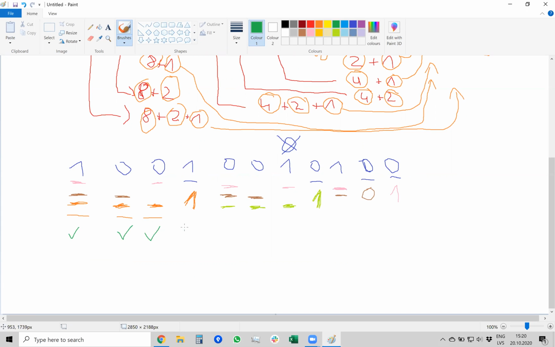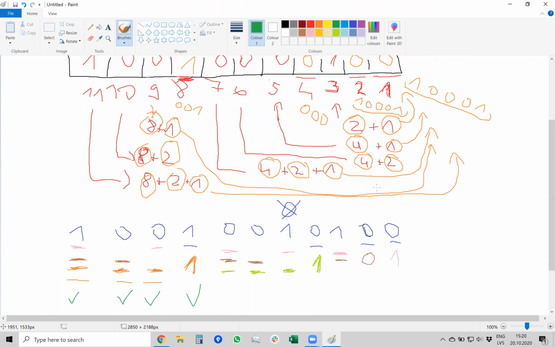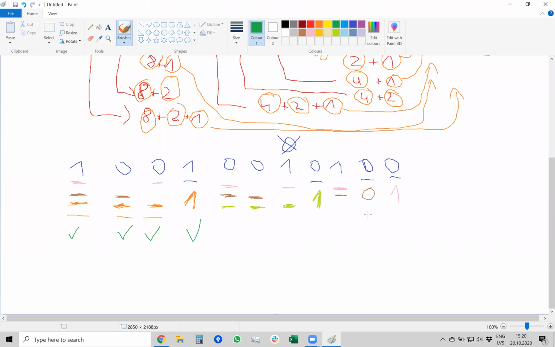Okay. And this is the same. Next, if we look here, the parity bit number 2 is the same.